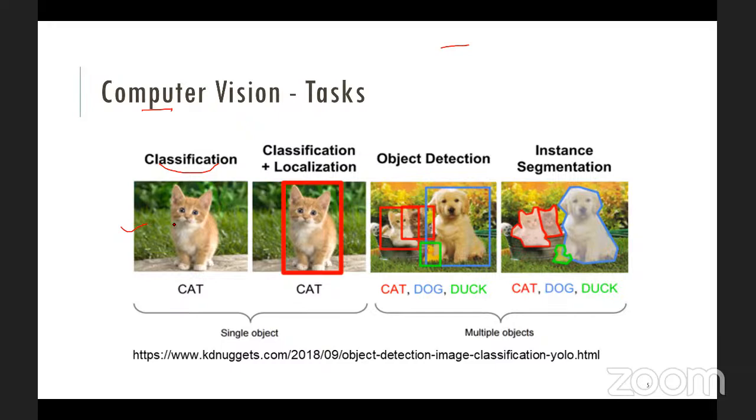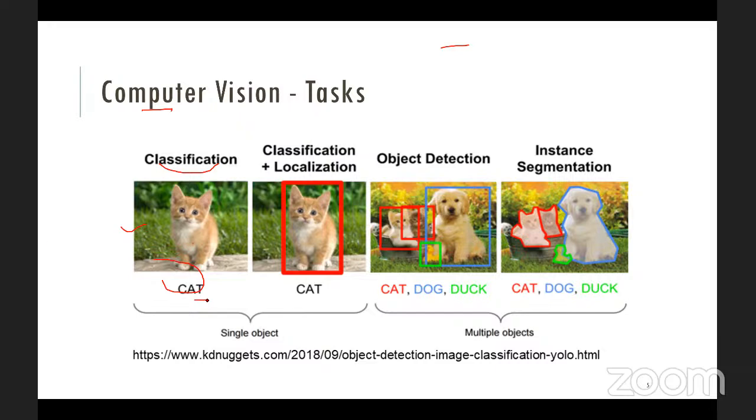So maybe cat, dog, bird, car, whatever. So we want to assign this image a category, and that is our classification task. Basically, in classification we wish to answer the question, what is in the picture? So this image has only one category assigned to it. For example, here the cat category is assigned to this image.